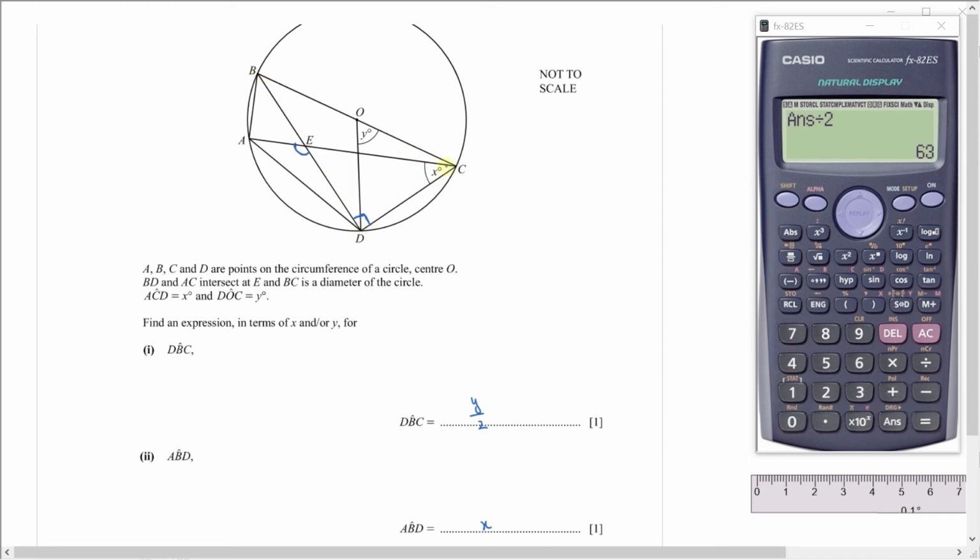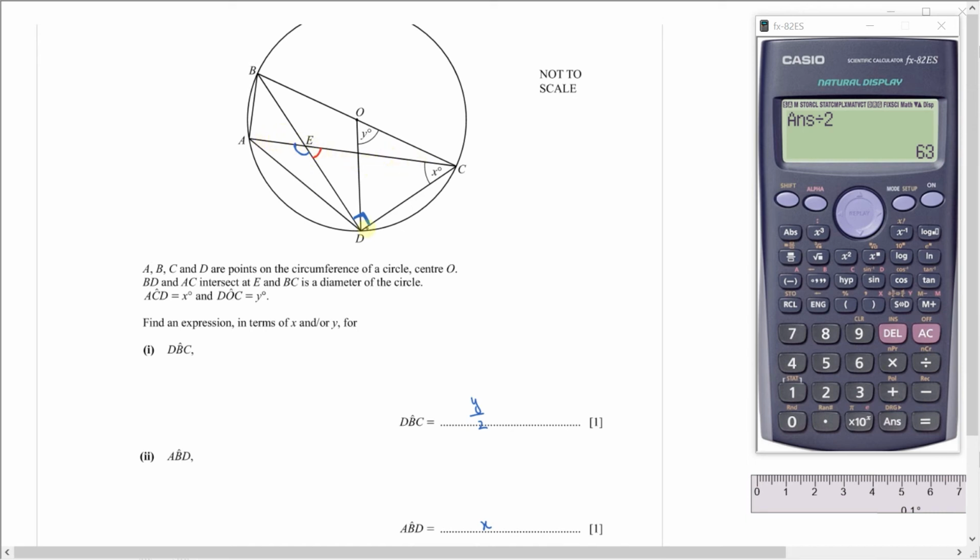So this is an angle in a semicircle, or an angle subtended by the diameter on the circumference of the circle, and we know that that angle is 90 degrees. So we need to find this angle AED. If I can calculate this angle here, I know that angle AED plus this red angle will be 180 degrees because this is a straight line.